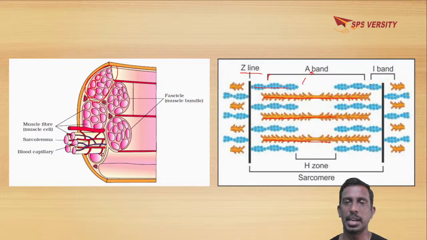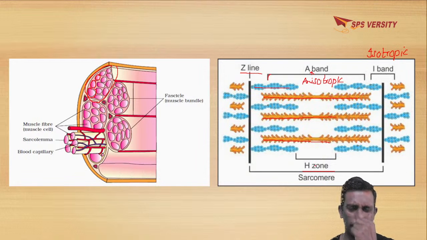A means anisotropic, and it includes both actin and myosin filaments. The I band, I means isotropic, includes only actin filaments. In the center, only myosin filaments are present. It is called the H zone.